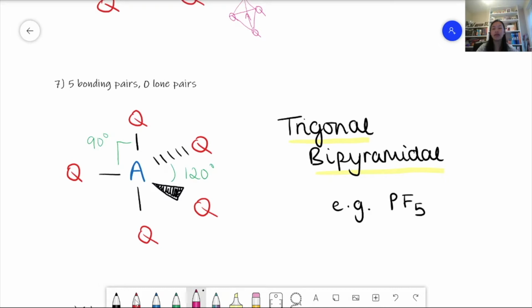If you divide that whole circle by 3, it'll be 120 degrees because they all repel each other by the same amount. And this is called trigonal bipyramidal, which basically means 2 triangular pyramids. An example of this would be phosphorus, I'm not sure how to say it, PF5.